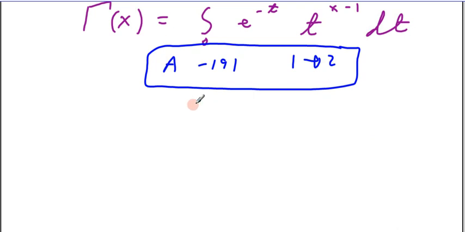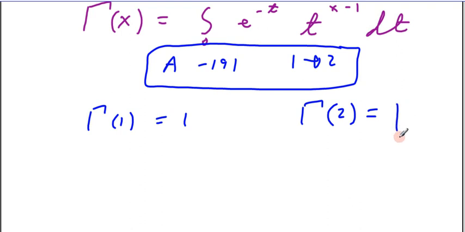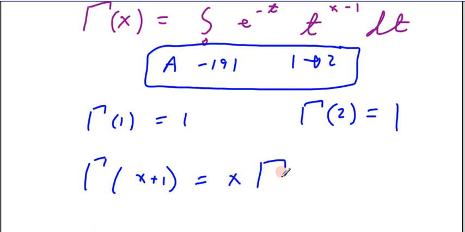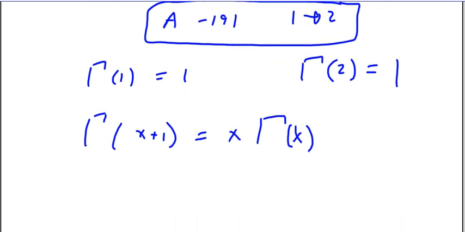But in this class, we'll say the gamma function of 1 is 1. And the gamma function of 2 is 1. Oh, isn't that lovely? That's just great. And the gamma function of x plus 1 becomes x times the gamma function of x. So if I have integers, then the gamma function of n plus 1 is just going to be n factorial.